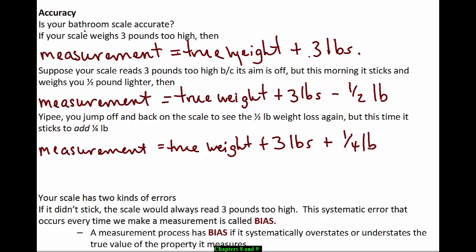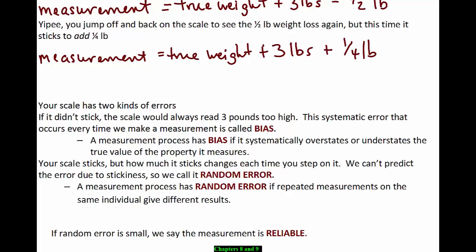So a measurement process has bias if it systematically overstates or understates the true value of the property that it measures. The other type of error, which doesn't seem to be predictable, is called random error. A measurement process has random error if repeated measurements on the same individual give different results. So remember, we can determine random error by looking at repeated measurements on the same individual.